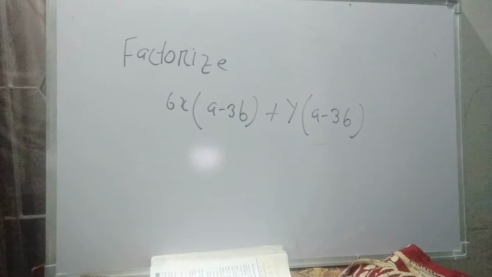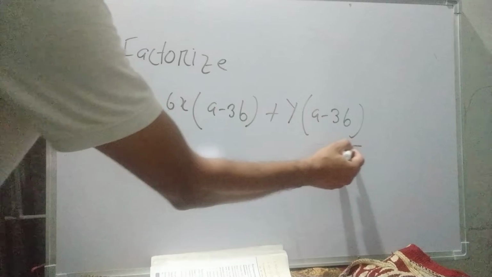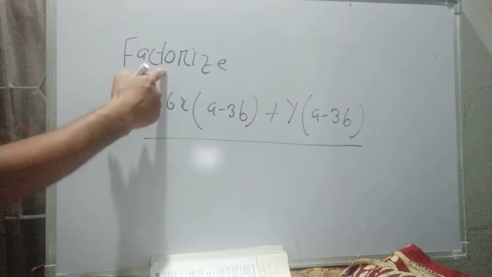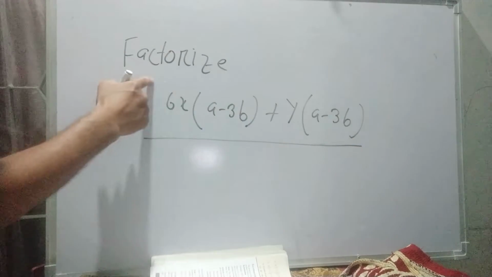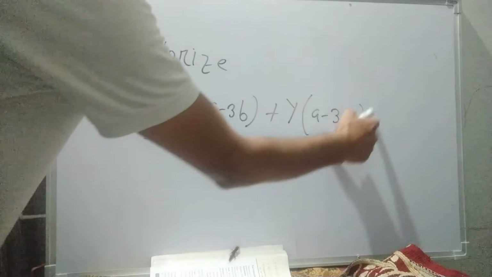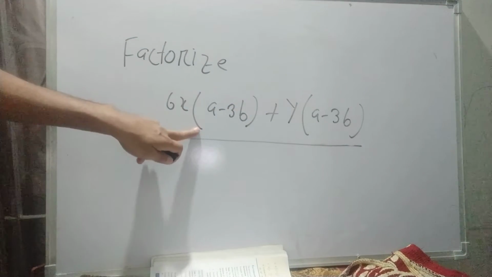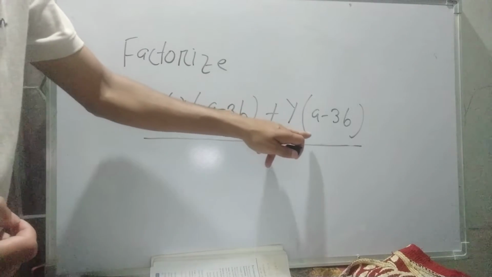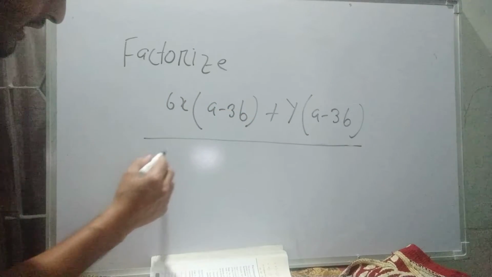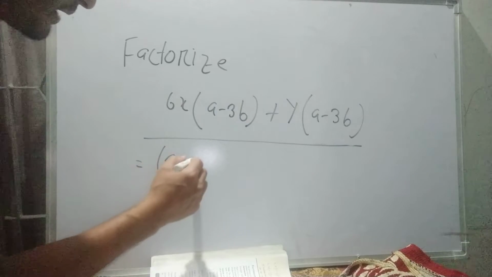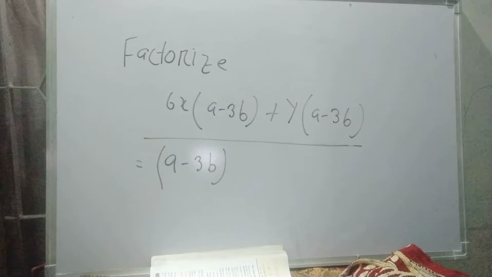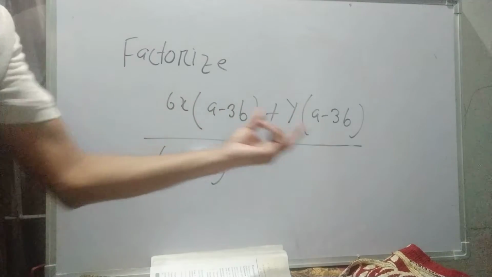If you observe here, you get two algebraic terms, 6x(a minus 3b) and y(a minus 3b). Here you have a binomial, a minus 3b, common, the HCF among these two terms.